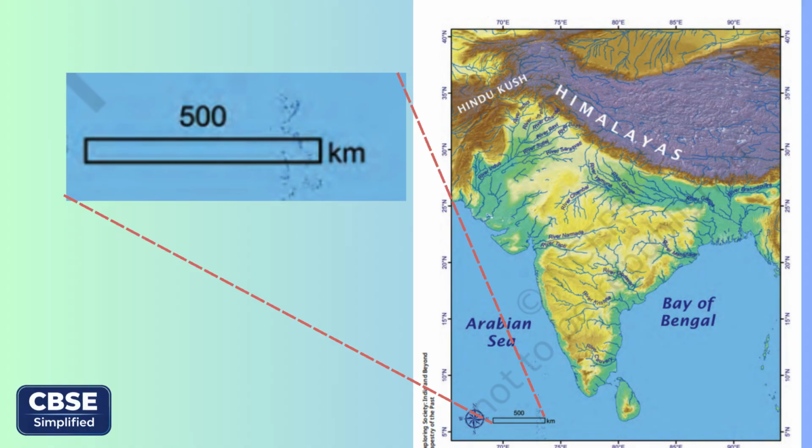This simply means that the length of this ruler, which in this case is 2.5 centimeters, corresponds to 500 kilometers on the ground. So, the actual distance between 2 points represented on the map depends on the scale that the map is using.